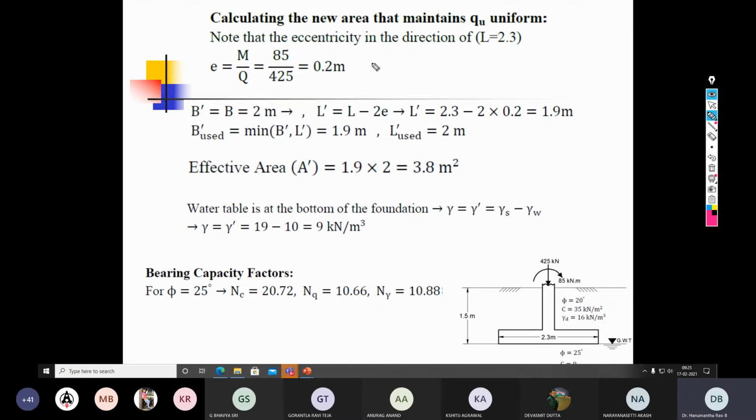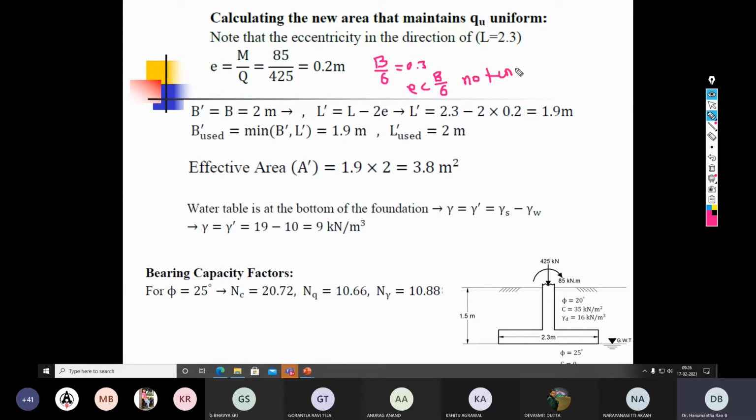What is your B by 6 value? 0.3, sir. So it's fine now. So e is less than B by 6, that means it is satisfying the rule of middle third.